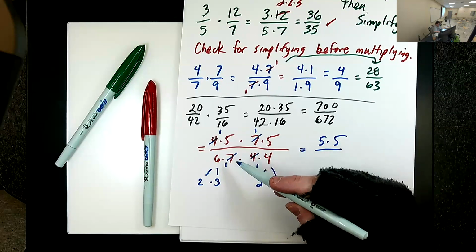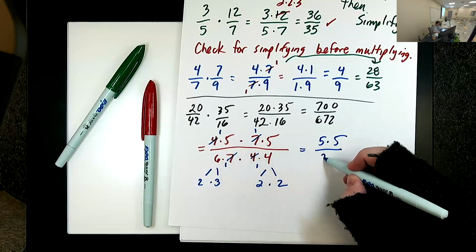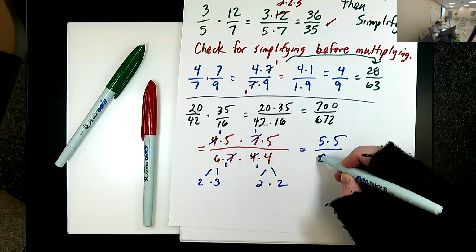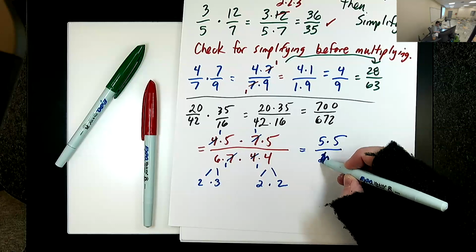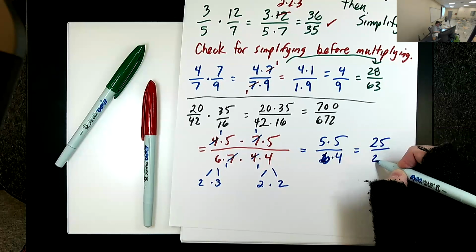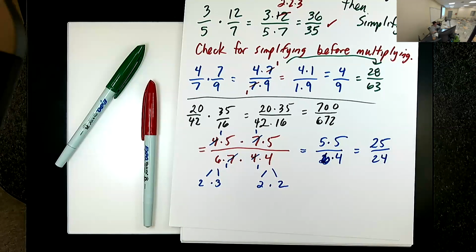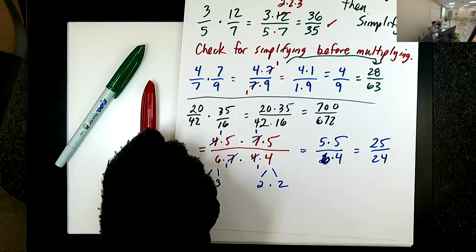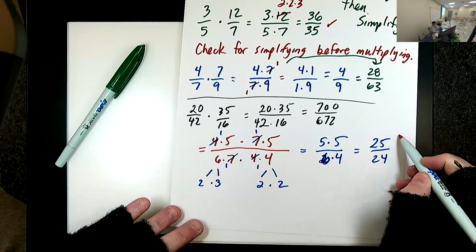And I've got 6 times 4 on the bottom. Maybe I should write the 6 times 4 first. Then I could multiply that out and I get 25 over 24. That would be the actual answer that you want.